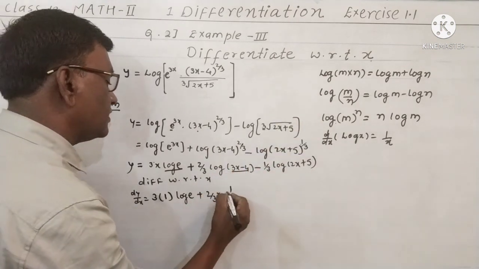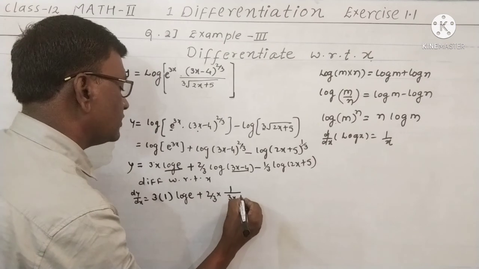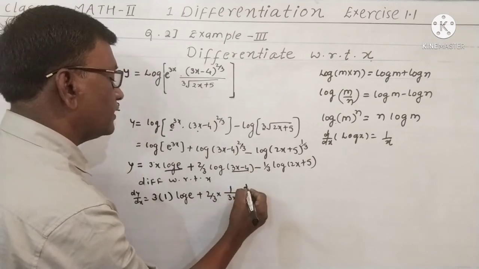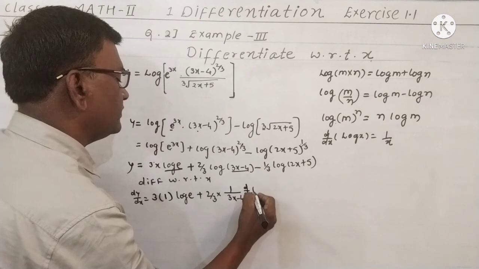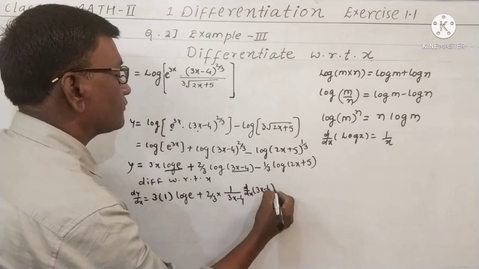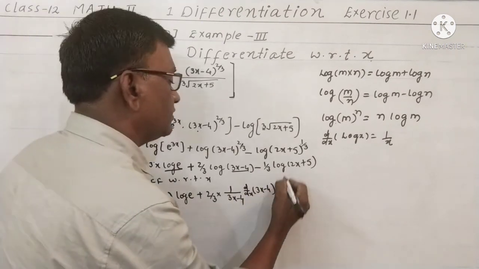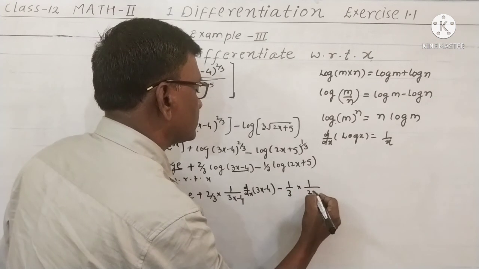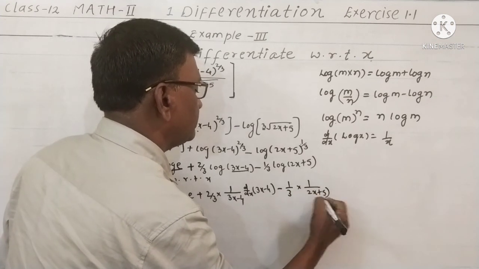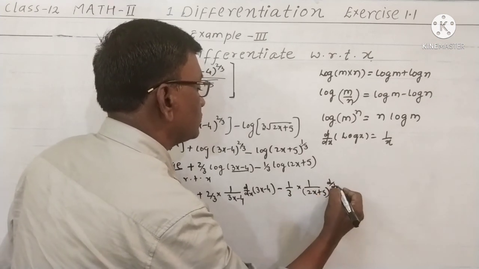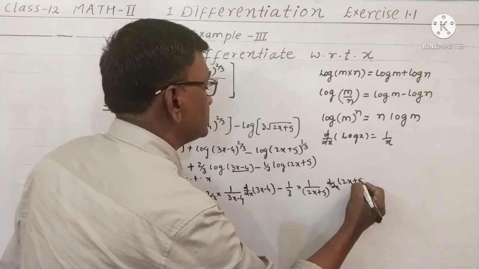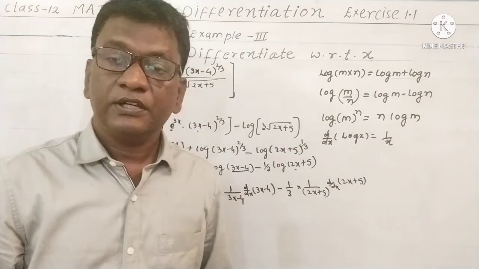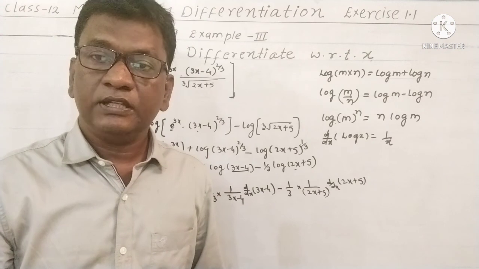So we can write it as 1 upon (3x minus 4), as here instead of x, here is 3x minus 4. Again, take chain derivative of 3x minus 4. Here derivative of this log x is equal to 1 by x, so 1 upon (2x plus 5). Take chain derivative of 2x plus 5, because instead of x, here is 2x plus 5. If there is function change, then you have to take their chain derivative.